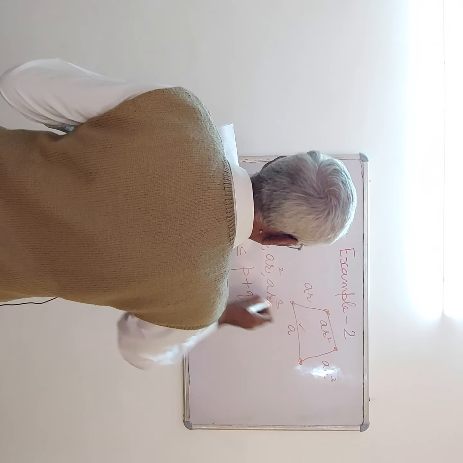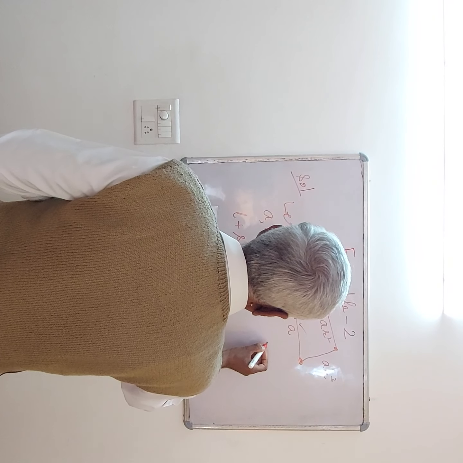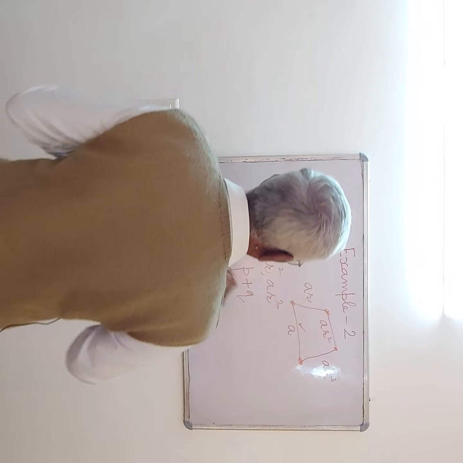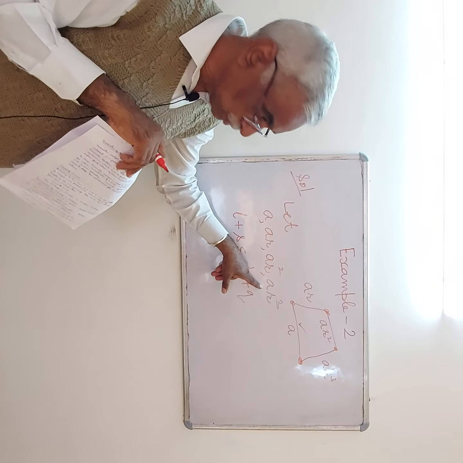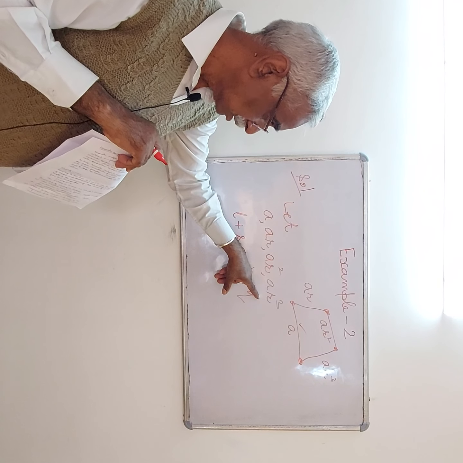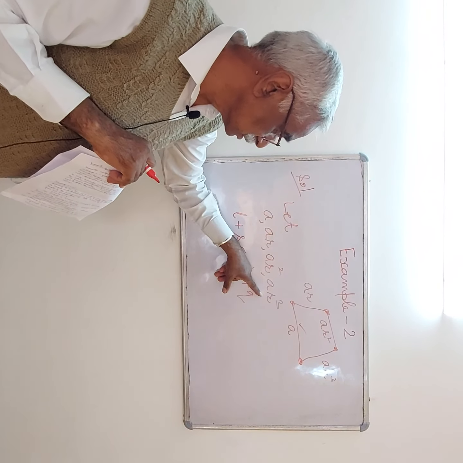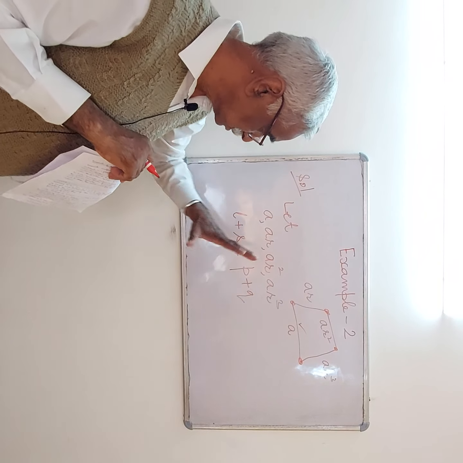It depends upon R. When R is more than 1, AR cube will be the longest length. And when R is less than 1, it will be the smallest length of the linkage.